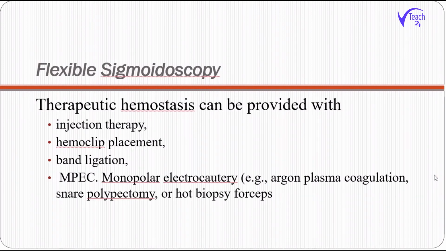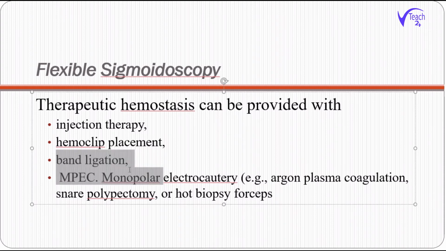What therapeutic interventions do we have with flexible sigmoidoscopy? Either injection therapy, hemoclip deployment, band ligation for internal hemorrhoids, or monopolar electrocautery, argon plasma coagulation, snare polypectomy, or heater probe.